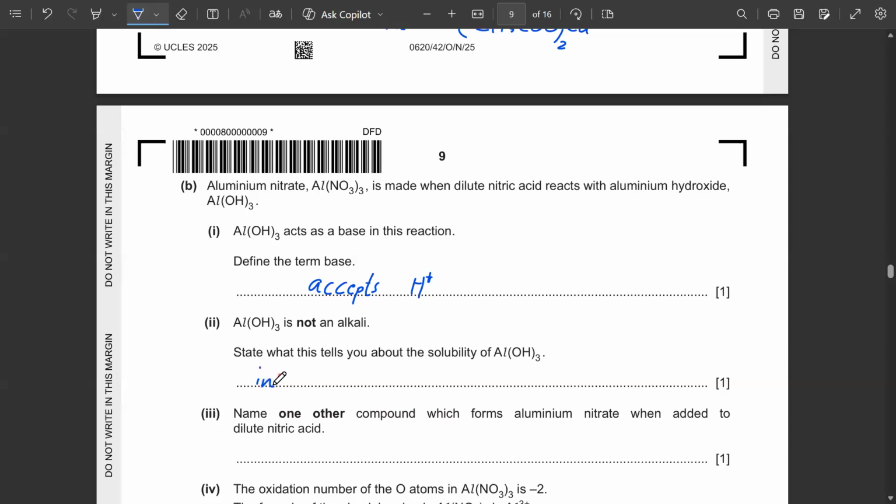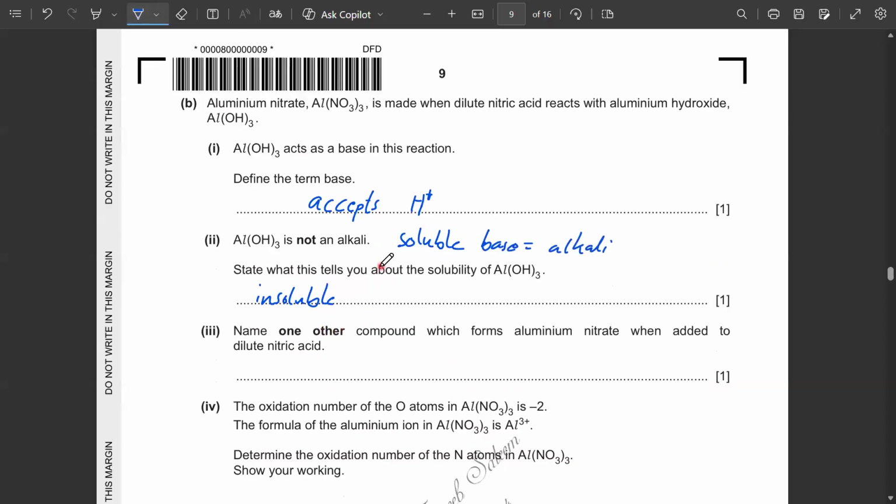So insoluble. The aluminum hydroxide is not soluble because soluble bases are called alkalis. Soluble base is termed as alkali, but this is not soluble.